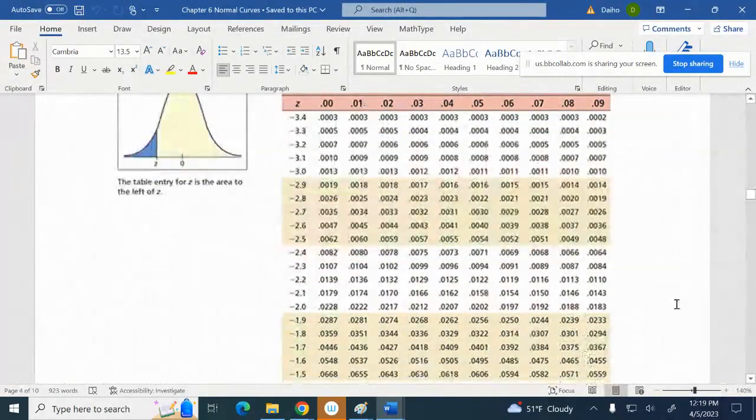How much? 0.065. 0.0643. What am I looking for? 0.065. 0.065 must be in the middle, right?